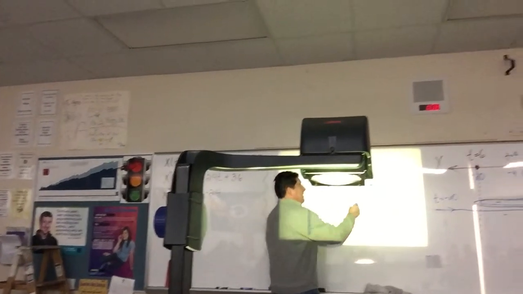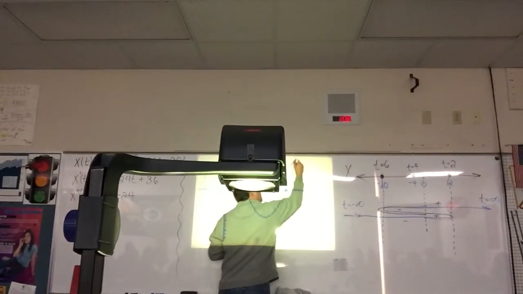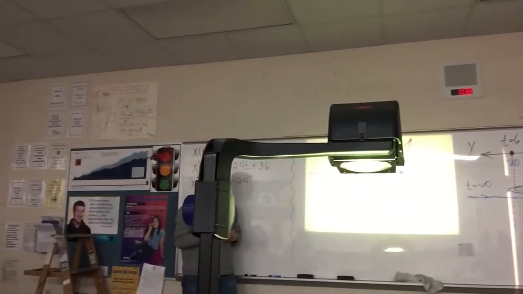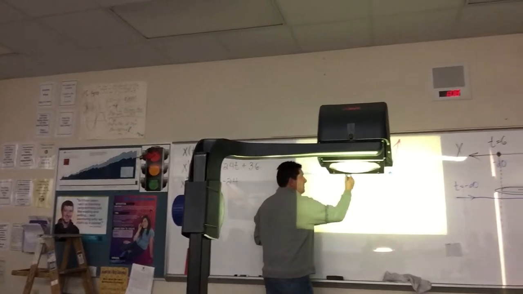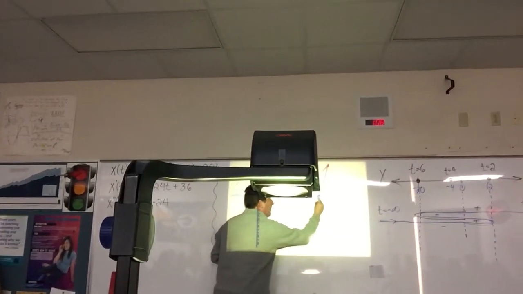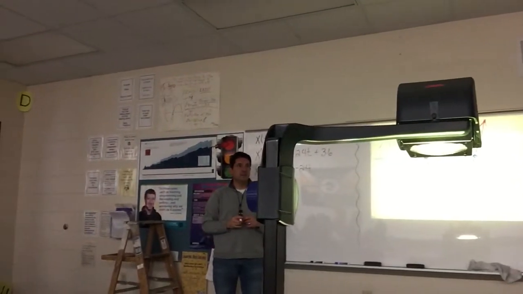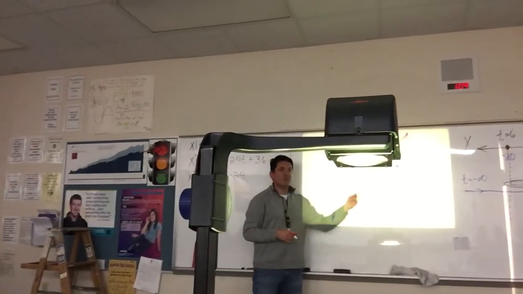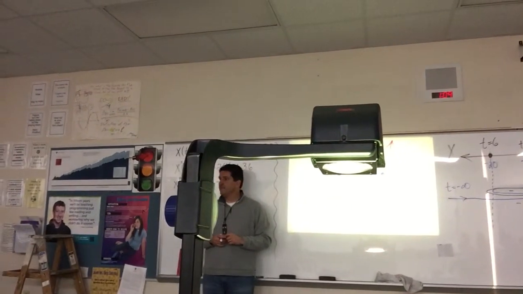So it's moving right here and it's moving right here. And that matches our chart. Likewise, what's happening on that interval from 2 to 6? The velocity is negative, which means that the particle is moving to the left. See this?